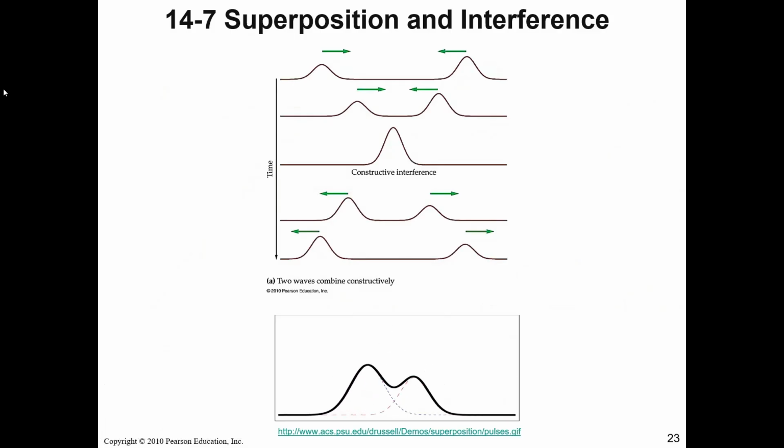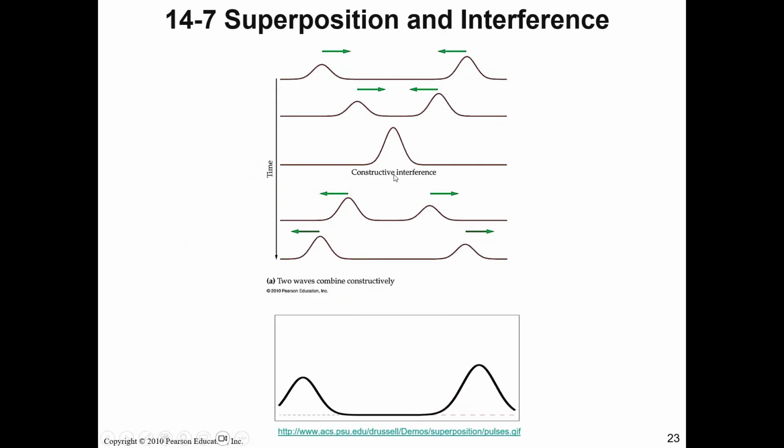Maybe this animation is more straightforward. Although there are two waves, they can superpose. Superposition is a property of waves, and at some moment these two waves overlap in space and give rise to a very large amplitude.